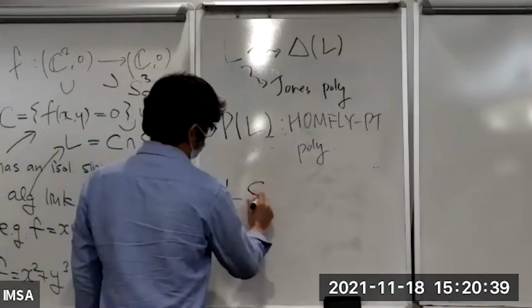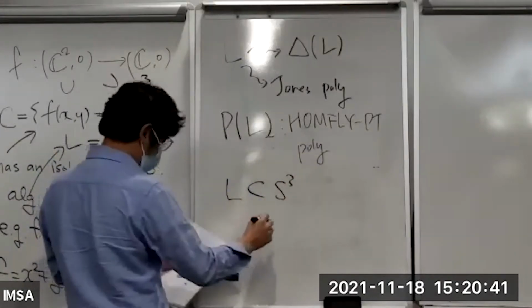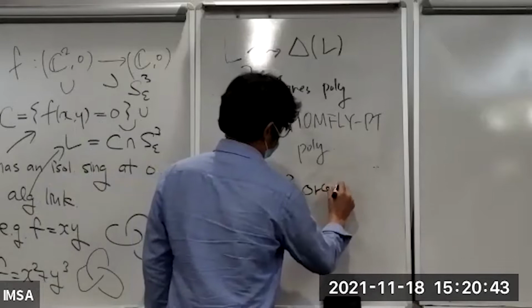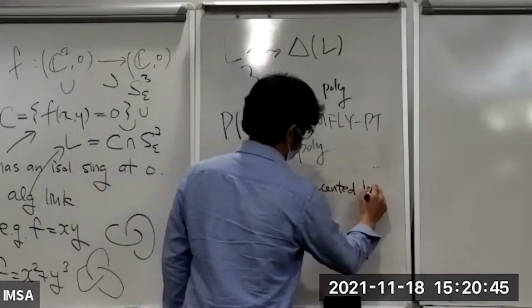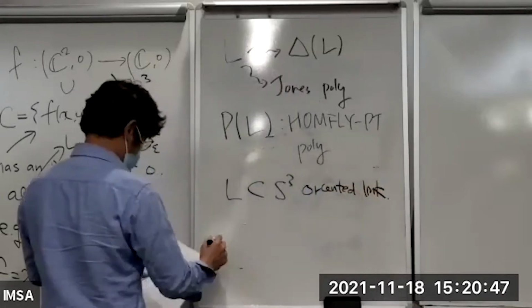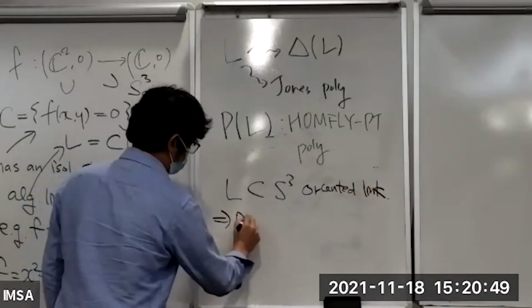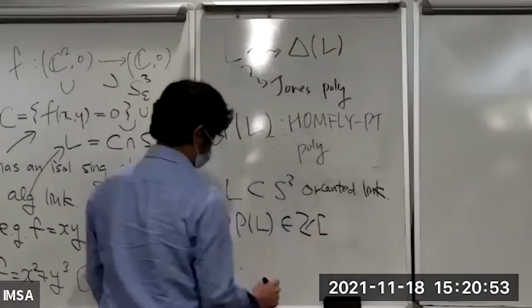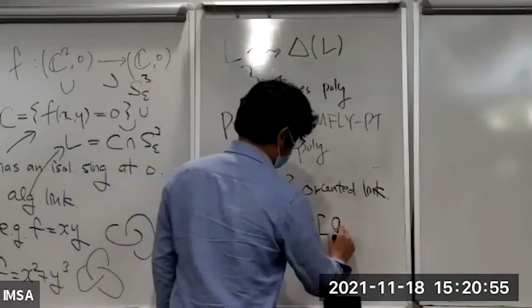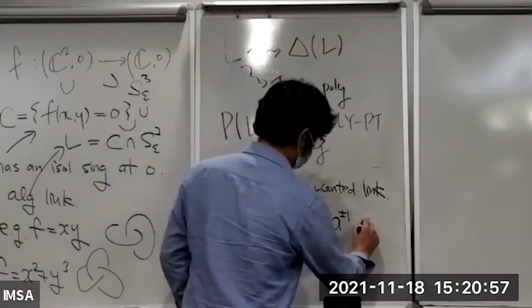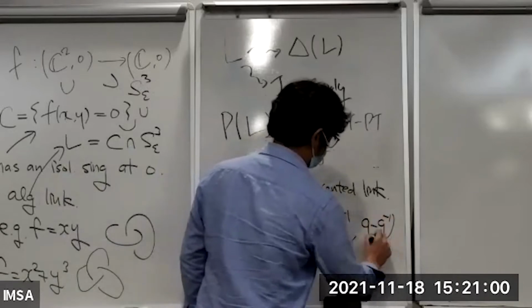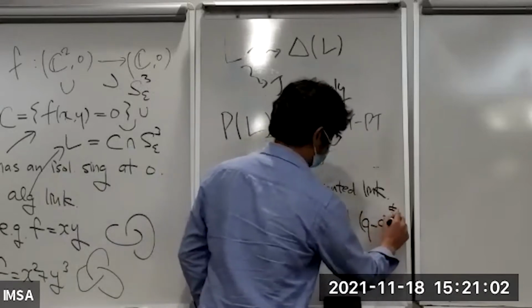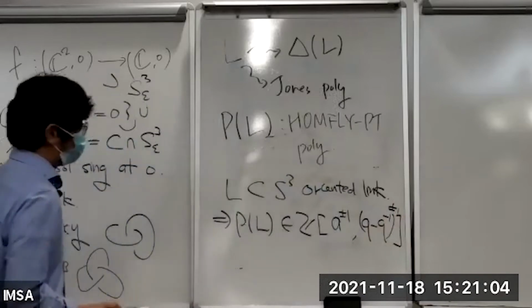So I have this oriented link, and I obtain this polynomial which lives in Z[a^{±1}, q^{±1}].